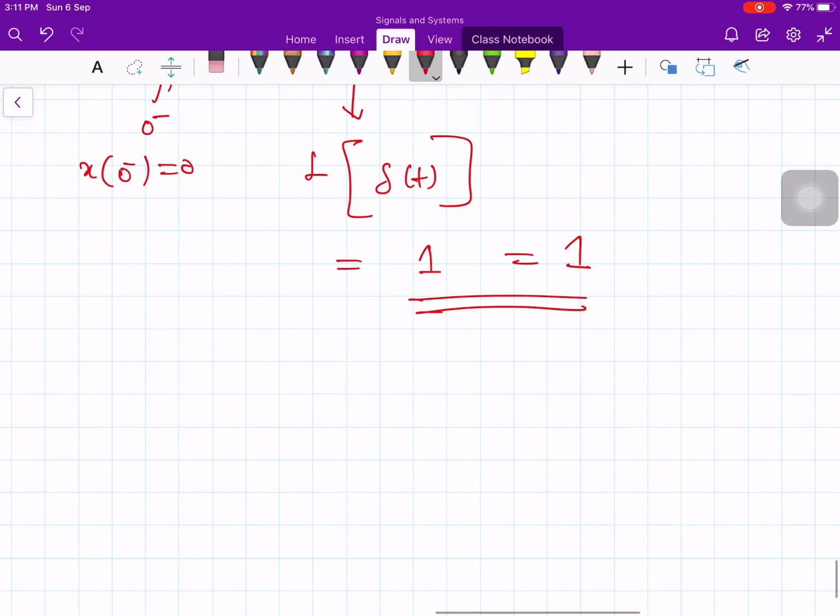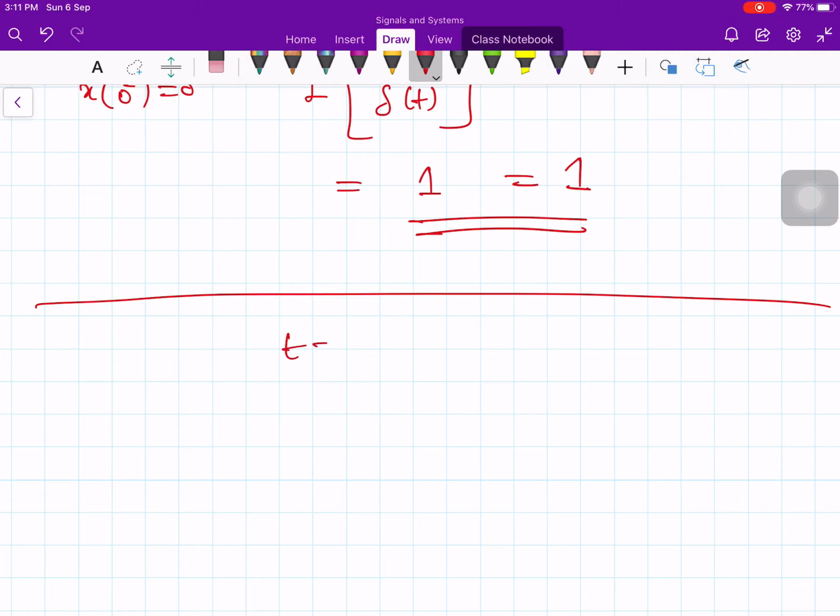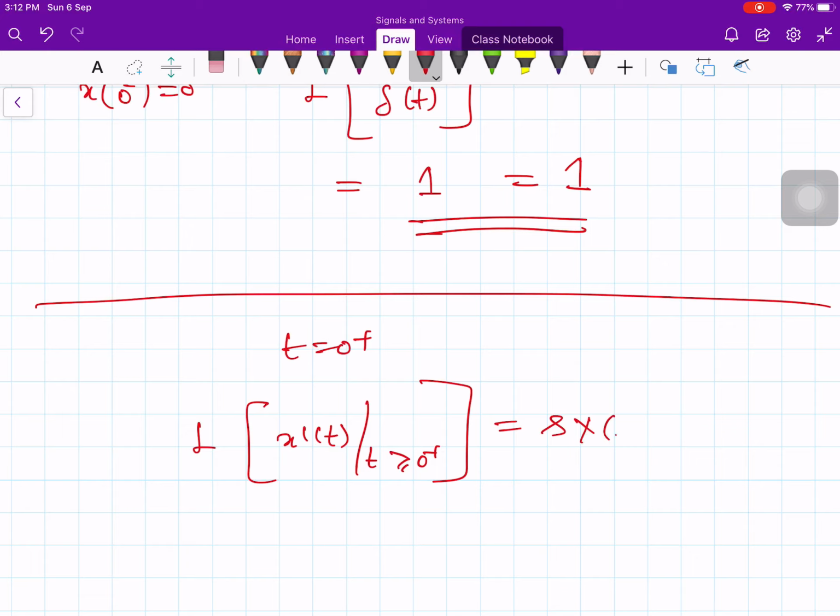Okay, on the other hand, if you want to consider the derivative to be one which has a value from t equals 0 plus onwards, then we use this formula: Laplace transform of x dash of t, t greater than or equal to 0 plus, is equal to s times x of s minus x of 0 plus.